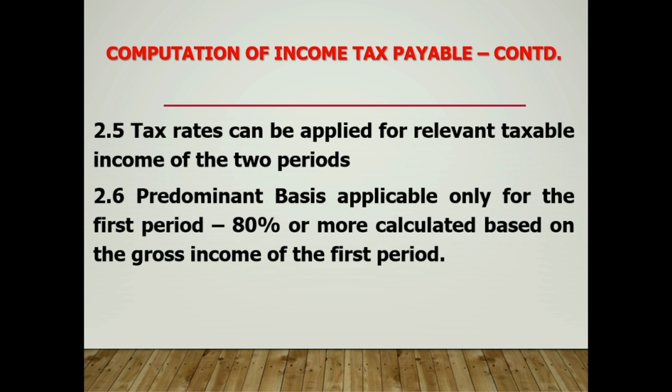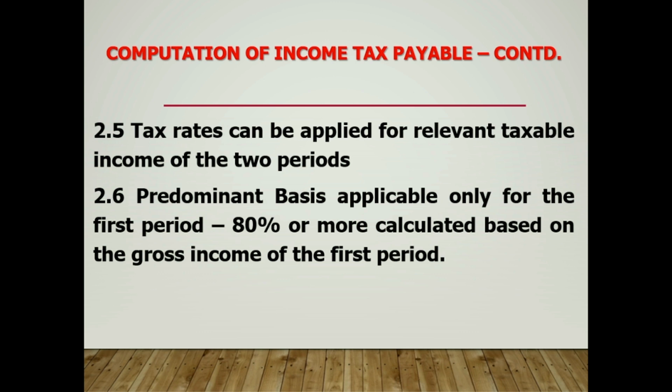According to the Inland Revenue Act, when applying the tax rates for companies, a predominant basis has been provided for some businesses. If you are doing a specific business and received or derived 80% or more from such businesses, then you are entitled to a concessionary income tax rate as provided in the Act.